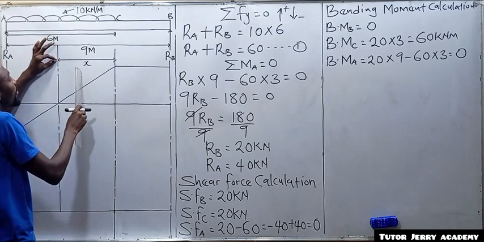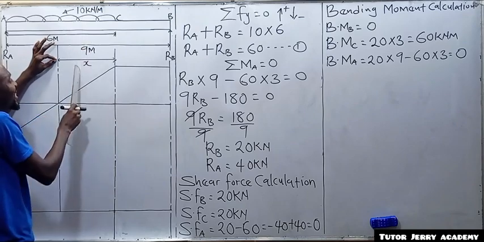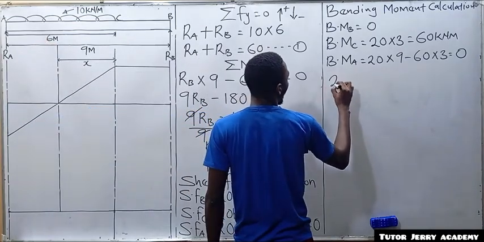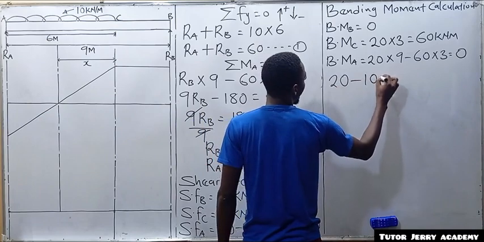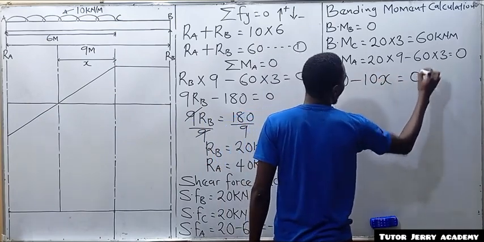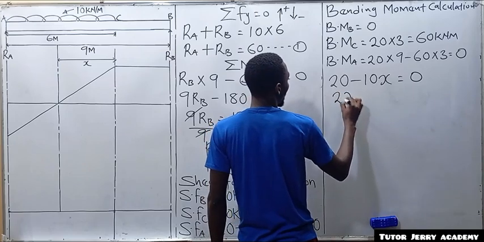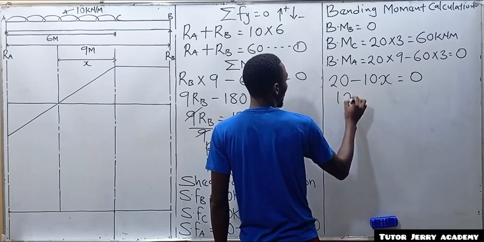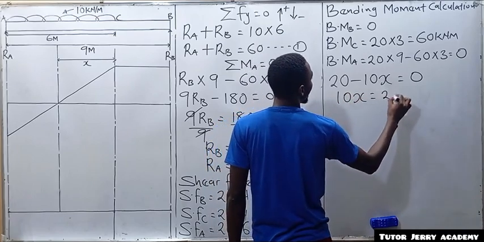If we convert that to a point load, it's going to be 10 times S, which is 10S. So we are going to have 20 minus 10S, which will be equal to 0. So 10S will be equal to 20.